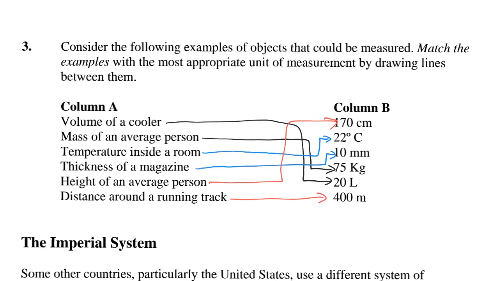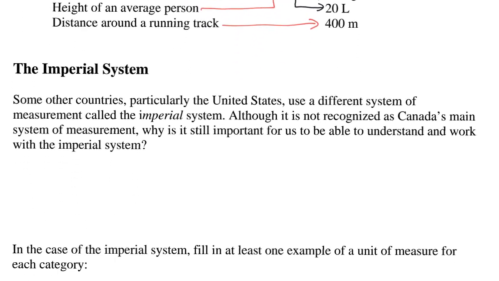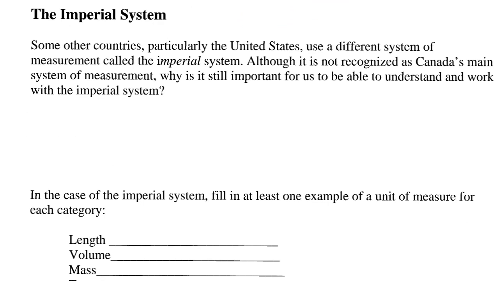All right, so now let's move on to the imperial system, and we'll work on dealing with stuff in the imperial system, just like we did at the very beginning of this lesson. Some other countries in the world, particularly the United States, use a system of measurement called the imperial system. This is something that was based in medieval times. And yes, it was used for many years.